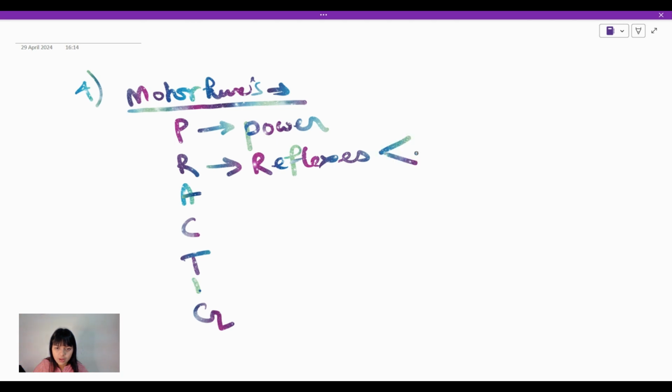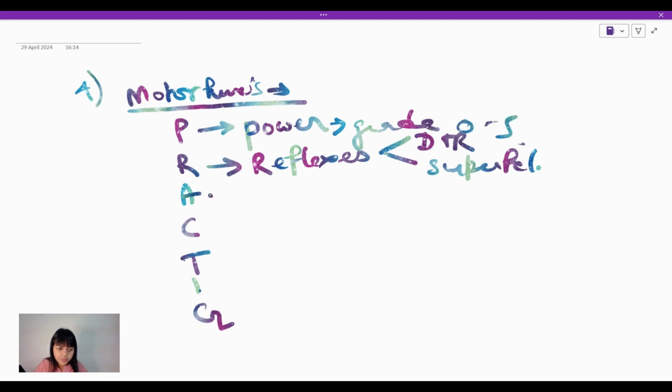Here you have to mention the deep tendon reflexes and the superficial reflexes. In power, you need to grade the power from 0 to 5. Next is your A. A stands for whether there is any atrophy or hypertrophy of muscles present or not.